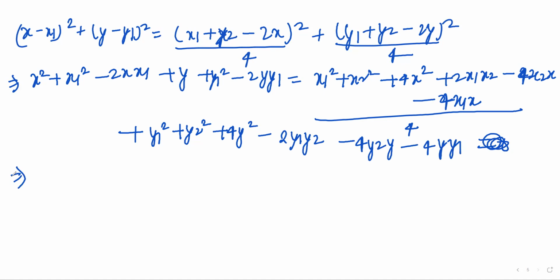Now take the LCM, so it is also divided by 4, no? So taking the LCM, the LCM is 4, so I will multiply on the left hand side.